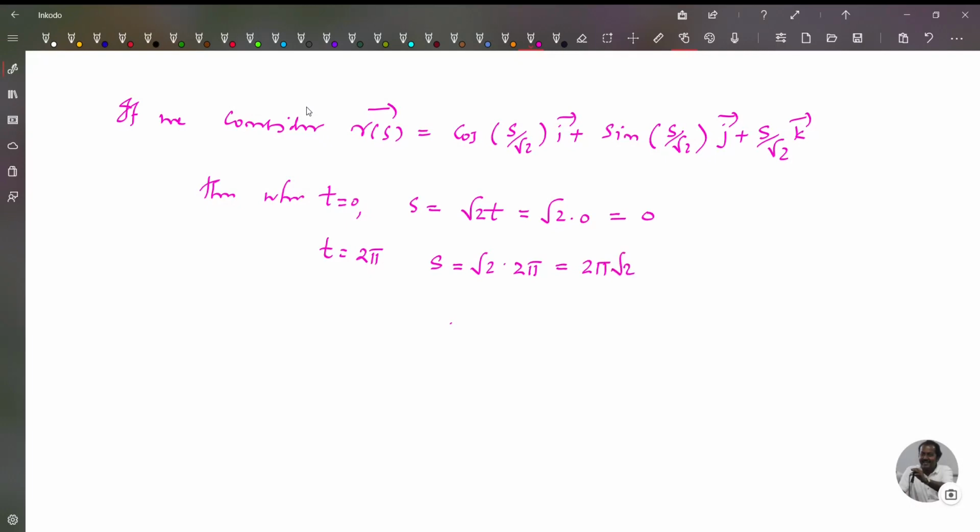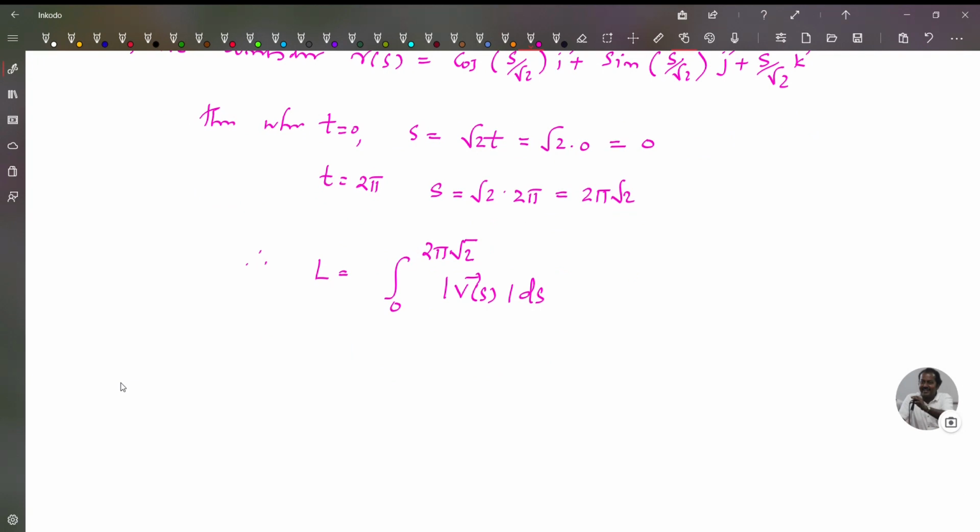Therefore, L equal to integral 0 to 2 pi root 2 modulus of v of s ds. So we have r of s is cos s by root 2 i plus sin s by root 2 j plus s by root 2 k.